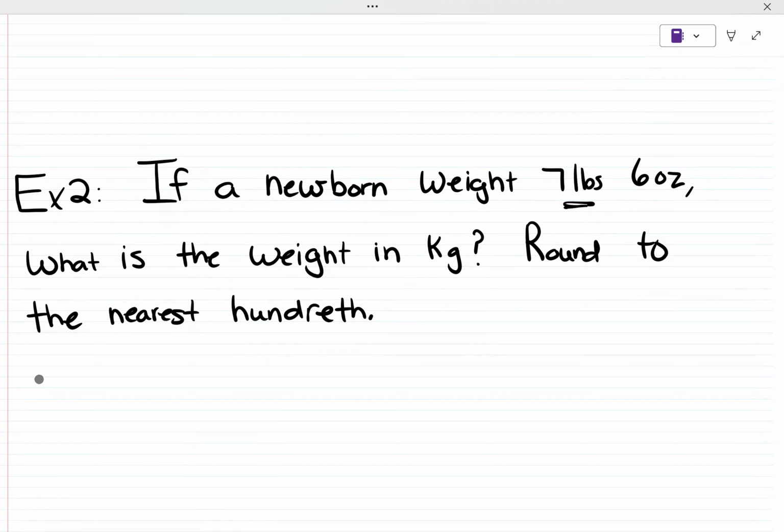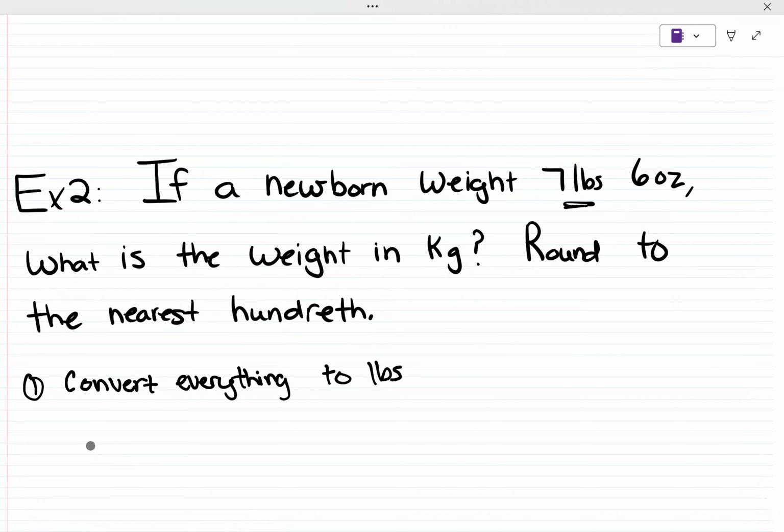The first thing I'm going to do is convert everything to pounds. We have 7 pounds, that's fine. So step one, convert everything to pounds. The only thing that isn't in pounds is the 6 ounces, so let's convert that to pounds.